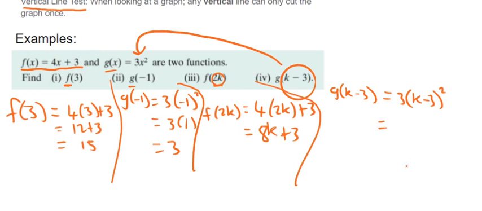So you can go and simplify that. You can leave it like that if you want. For this question, it doesn't really ask you to do anything more, but you could multiply it out. So k minus 3, k minus 3, and then it's just multiplying out double brackets.